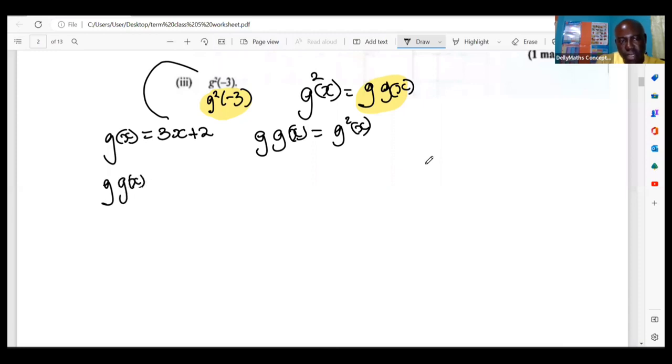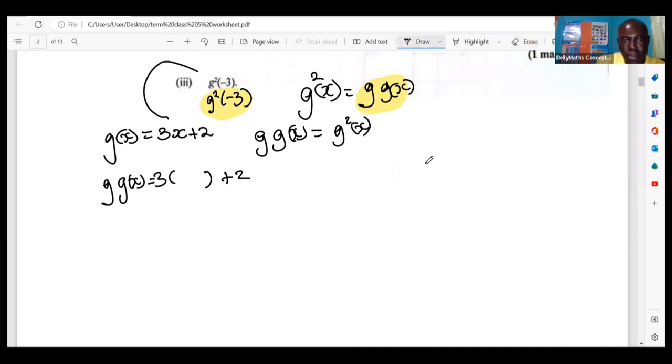Watch. This is the g. There is an x there and plus 2. But I'm not going to put x because I'm going to put the g function in there. So let me create space for myself so you could see what I'm putting there. I'm going to put the g function, then I have plus 2. So x would have been here, and that's g function, but no longer x because I'm putting the function in itself.